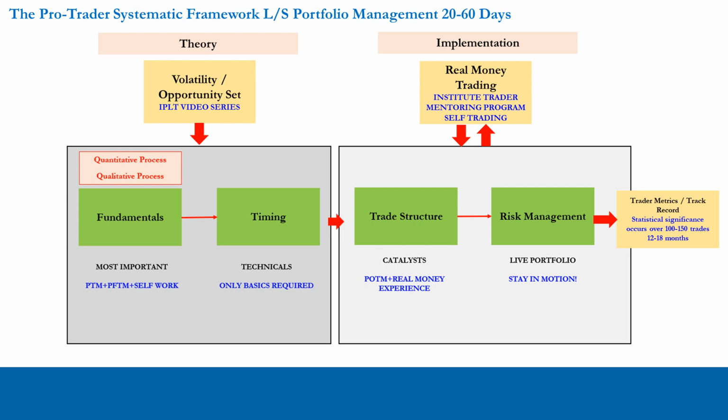So we're going to go through all of the things from left to right: fundamentals, quantitative and qualitative processes, timing. Trade structuring happens more in POTM because that's with options, but we will do long and short positions in the PTM video series. And we're going to cover risk management as well in the PTM video series. So adding these boxes gives you a better understanding of the context.